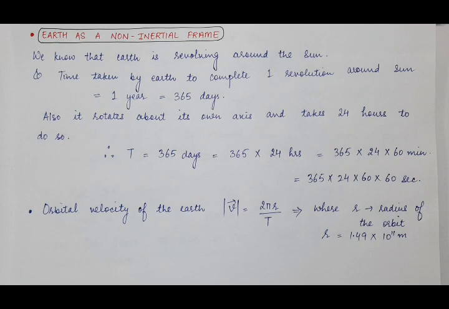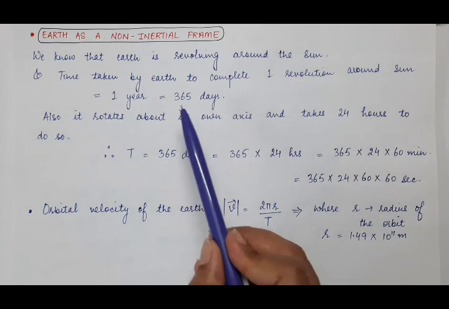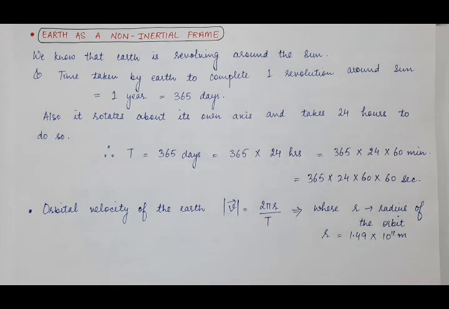And what is the time taken by the Earth to complete one revolution around the Sun? It is 1 year. And 1 year is equal to 365 days. And 1 day is equal to 24 hours. And why is 1 day equal to 24 hours?